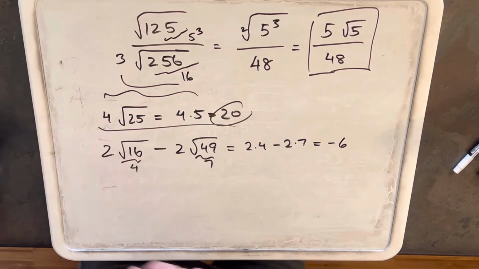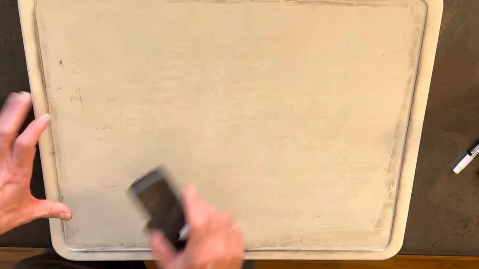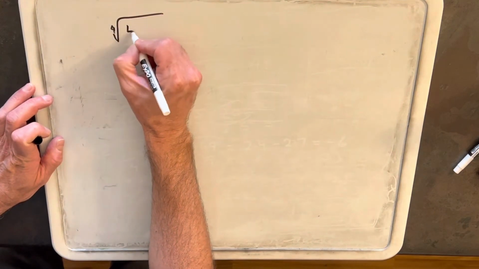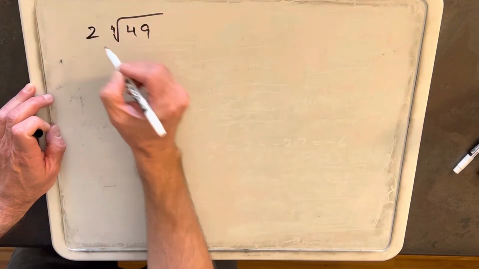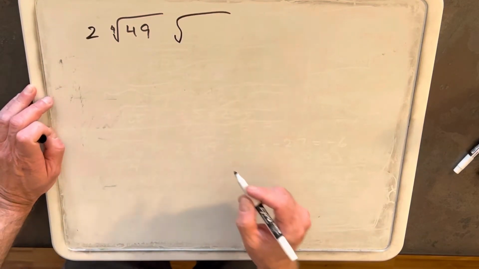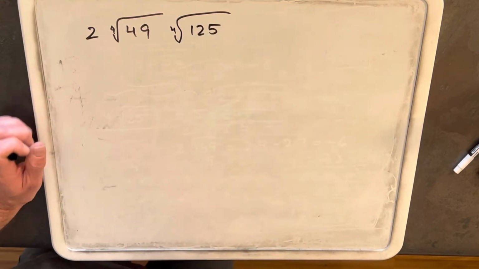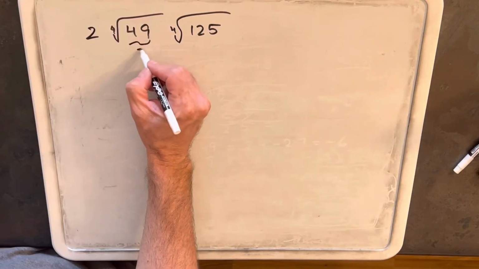All right, this looks like a little more challenging. We've got the 4th root of 49 times 2. I'll bring the 2 out front, doesn't really matter. Times the 4th root of 125. Ooh, I don't know. So this is 7 squared.